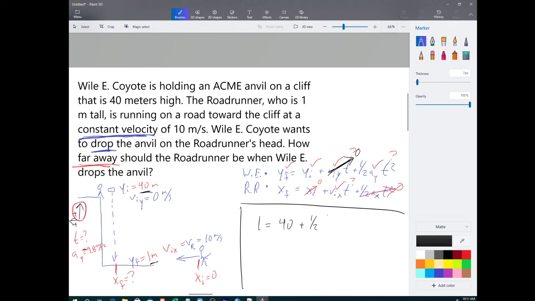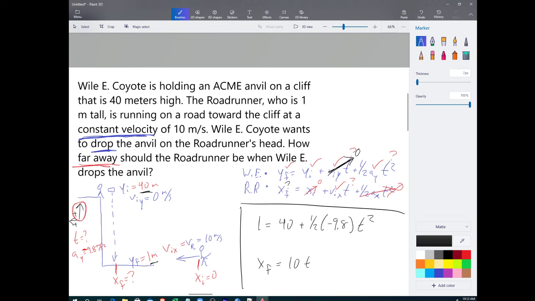And then 1/2 negative 9.8 t squared. And xf, let's see, that one was a question mark as well. That will be 10 meters per second times this unknown time.